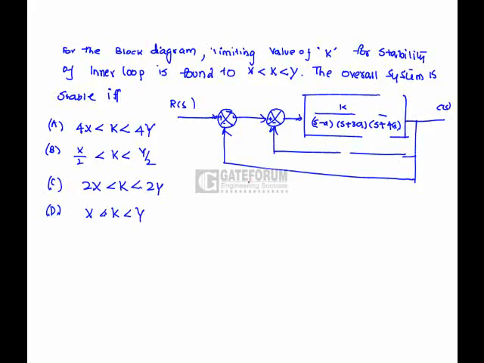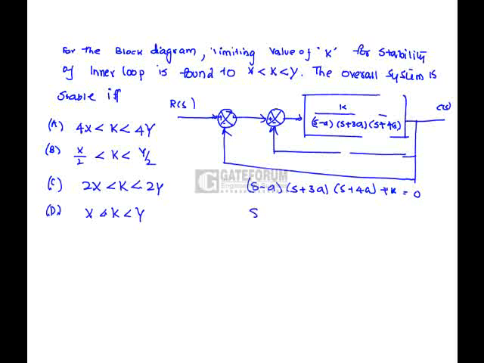For the block diagram shown below, the limiting value of K for the stability of the inner loop is found to be in between X and Y. The overall system is stable if and only if... See, for the inner loop the characteristic equation is (S minus A)(S plus 3A)(S plus 4A) plus K is equal to 0.